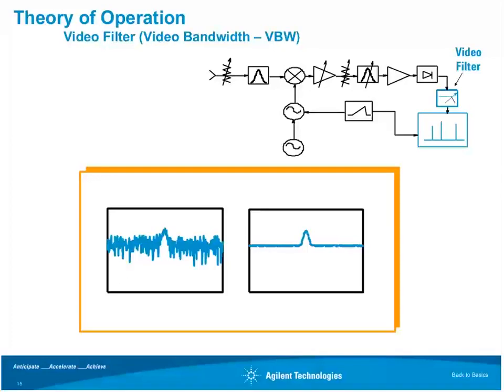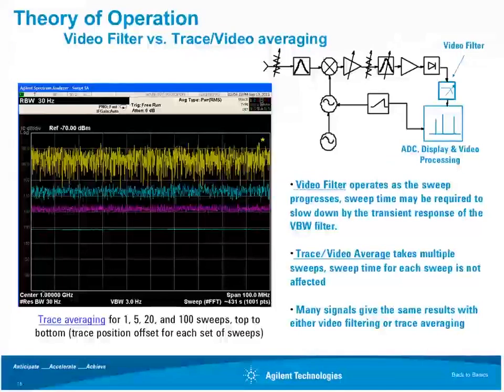So here, for example, we have a signal that's just barely popping up out of the noise, and it's kind of hard to really see it very clearly where you have a lot of noise present. So by using the video filter, you can remove the higher frequency variations, and then this gives us kind of a smooth response, and it's much easier to see the signal out of the noise.